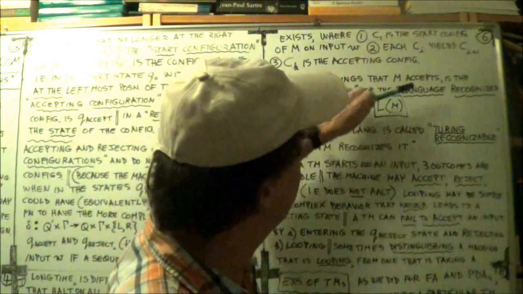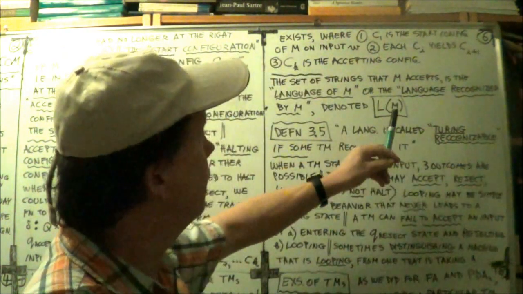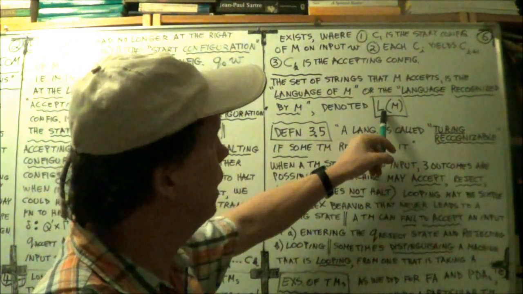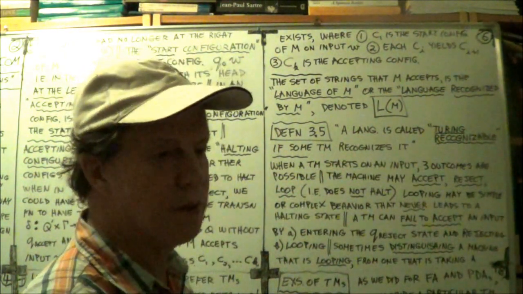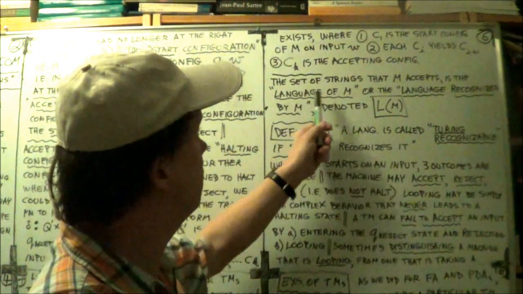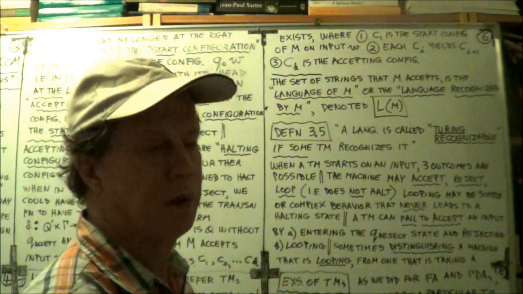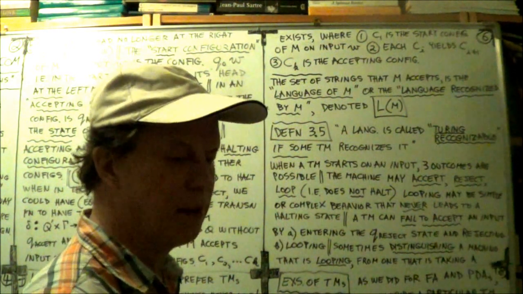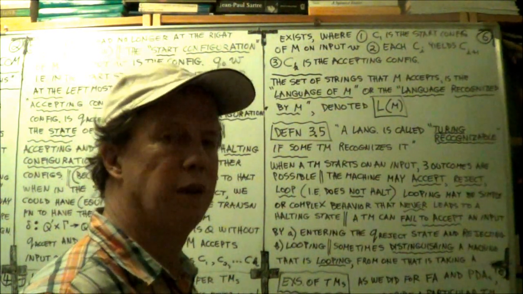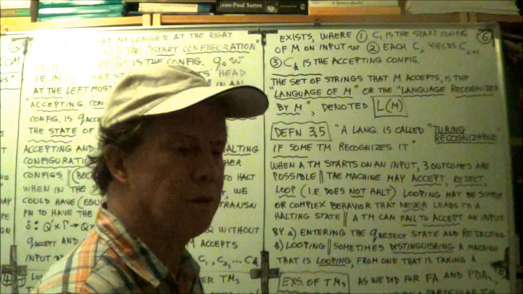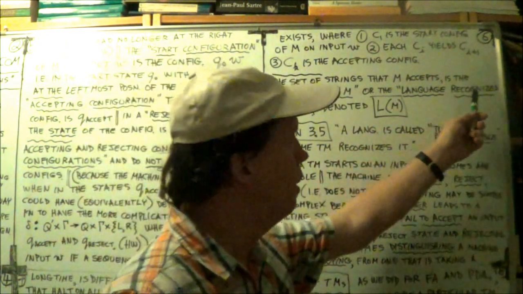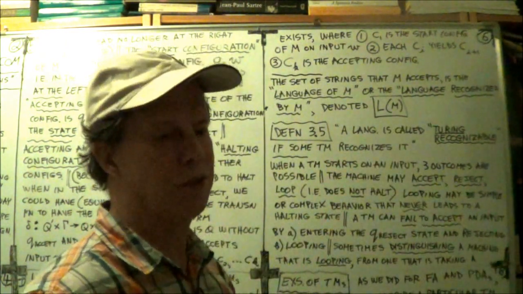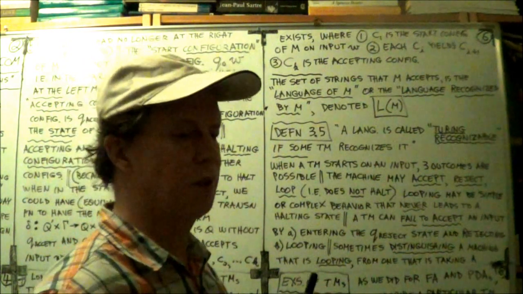Another definition. Let me rephrase this slightly. A string of that language is recognized by the Turing machine. Recognize just means the Turing machine terminates in the accept state for that string. Okay, that's all. And we've used this term of a machine recognizing a string or language, actually a language.